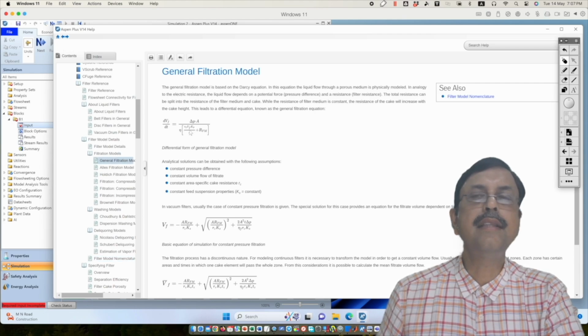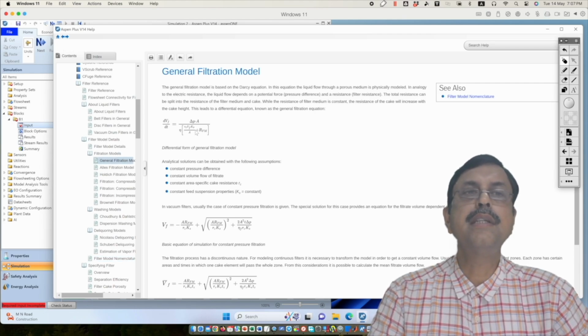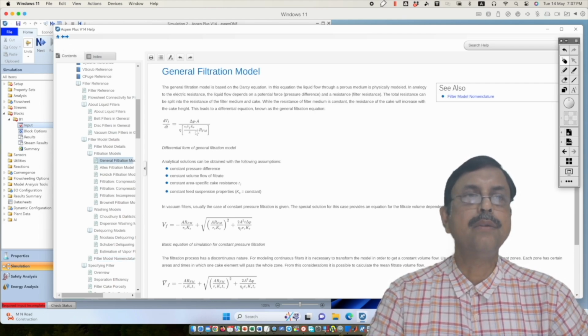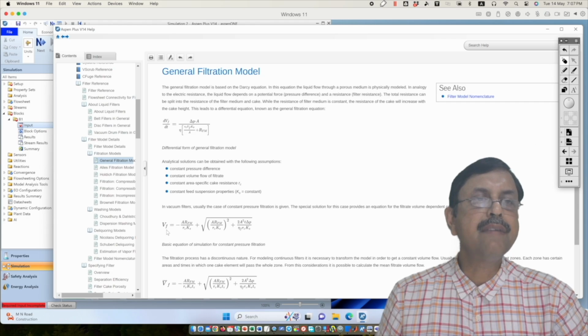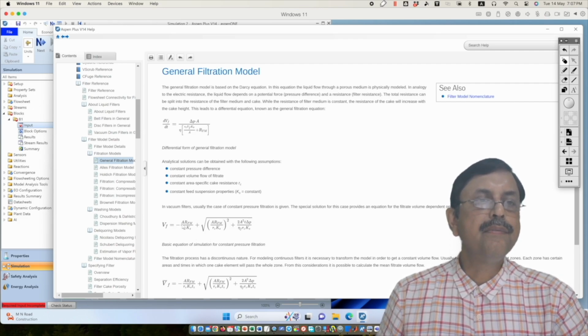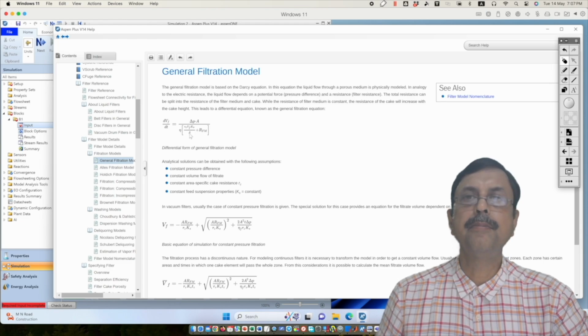So these are the things which are required for the general filtration model to calculate. So from this general filtration equation, you have to arrive at this Vf. Okay, so Vf is the constant pressure filtration model.